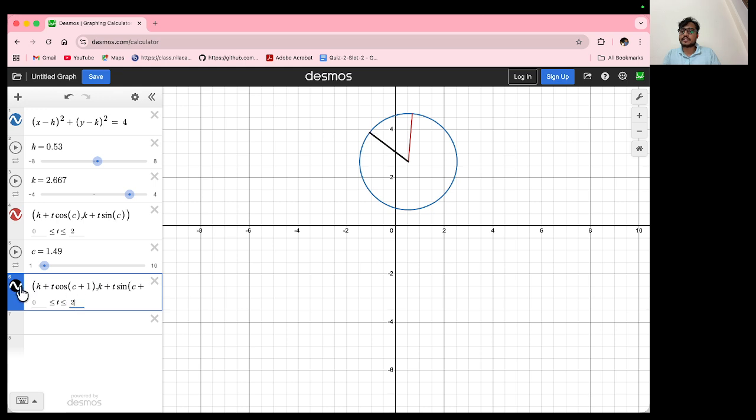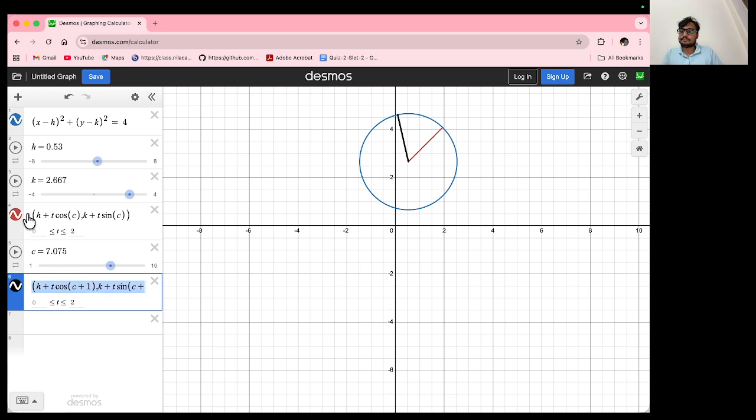It will create another axis, but some sort of phase shift will happen over here. If I change c, one particular axis will rotate and the second axis will also rotate with some phase shift.